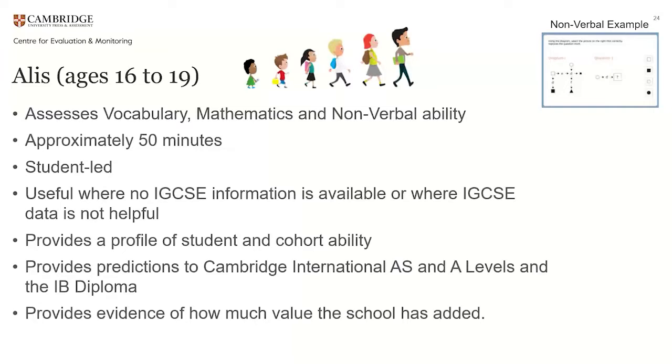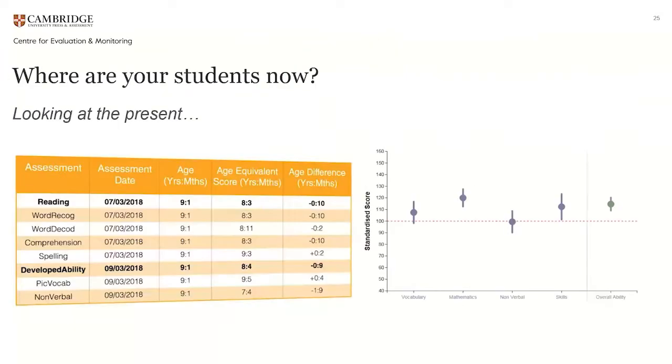So on the next slide, I just wanted to give a couple of examples of the reports that you get, and looking at the present, what's our situation now, what can we actually do with this data to plan when we're looking at teaching. So on the left is one of the reports that we have for INCAS, which is primary.